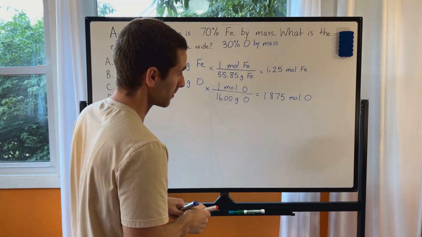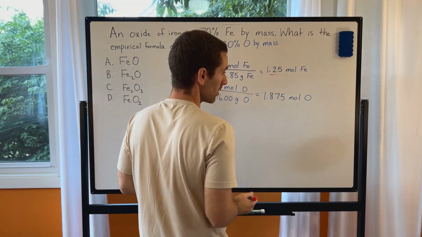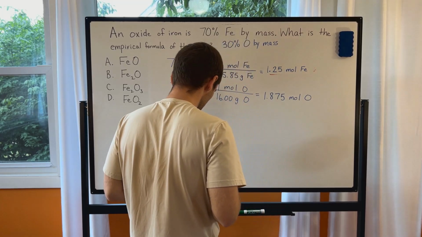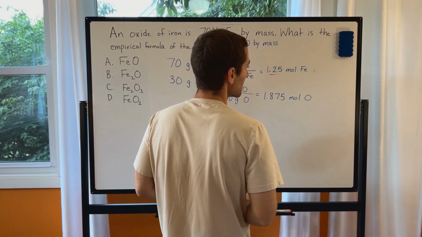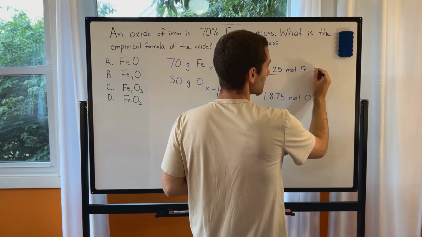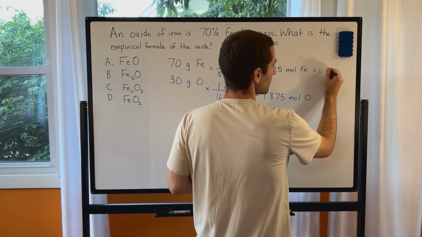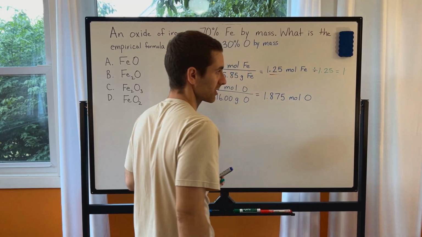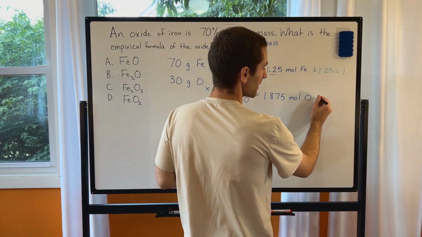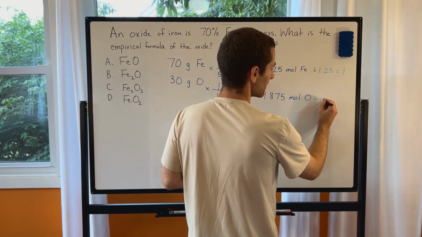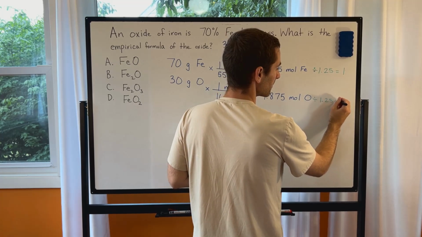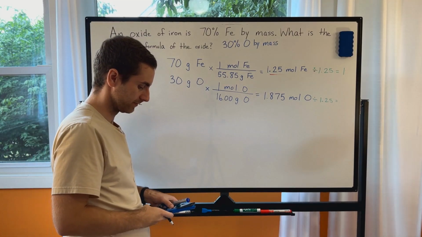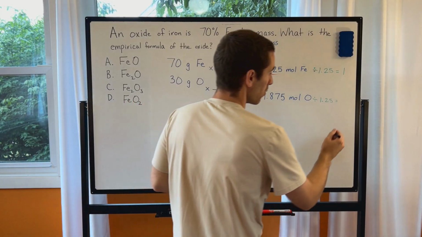The smallest number of moles here is the 1.25. So we divide this one by 1.25, which just gives us 1. And then we divide this one by 1.25 as well, and that gives us about 1.5.